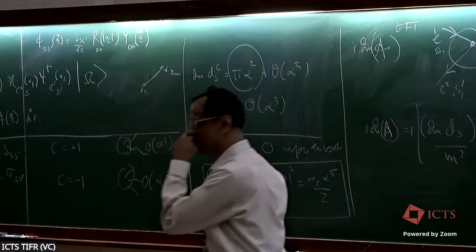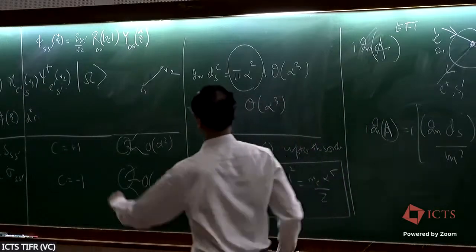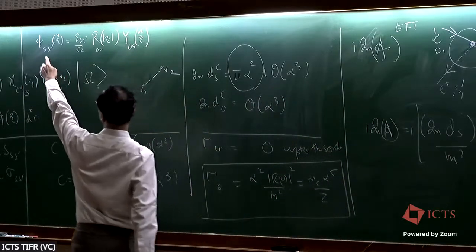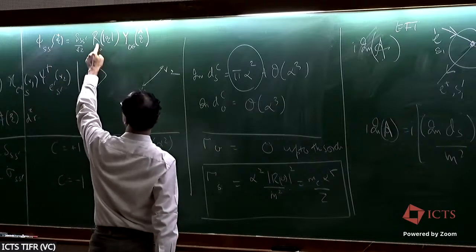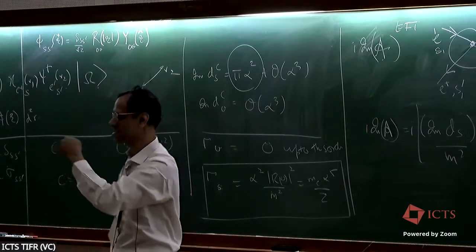So this is the form of the wave function. And with the delta function, I get psi of 0, and therefore it depends on the radial wave function at the origin.